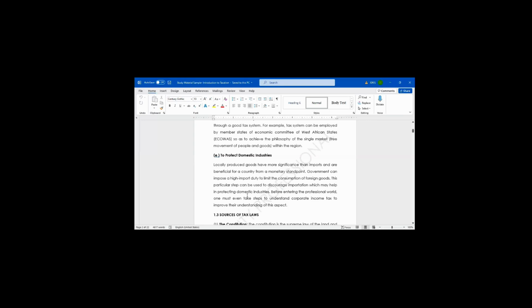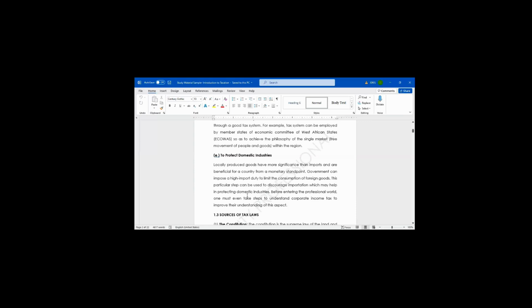How does that happen? Government will say that any transaction that we pay through foreign currency, there will be more tax on it. There will be a special tax on foreign currency transactions.